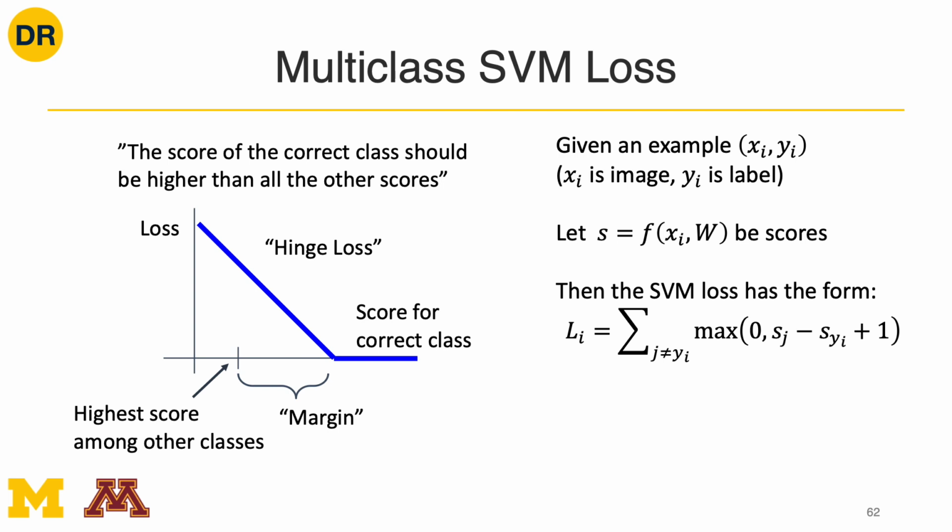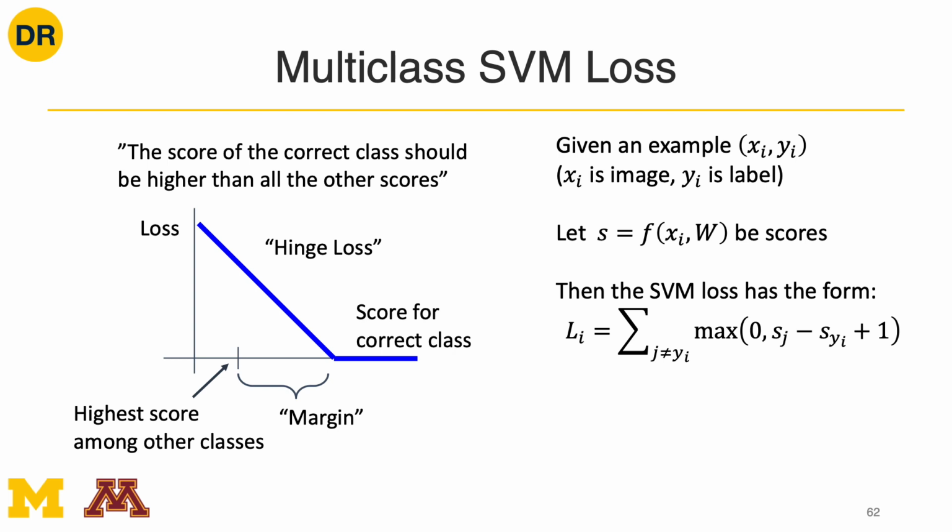And then we're taking the max between 0, if we're beyond the margin, or the difference between the incorrect score and the correct score plus 1, where in this case the value of 1 is chosen as our margin. This is the equation that we'll be implementing when we go to implement the multi-class SVM loss for project 1.